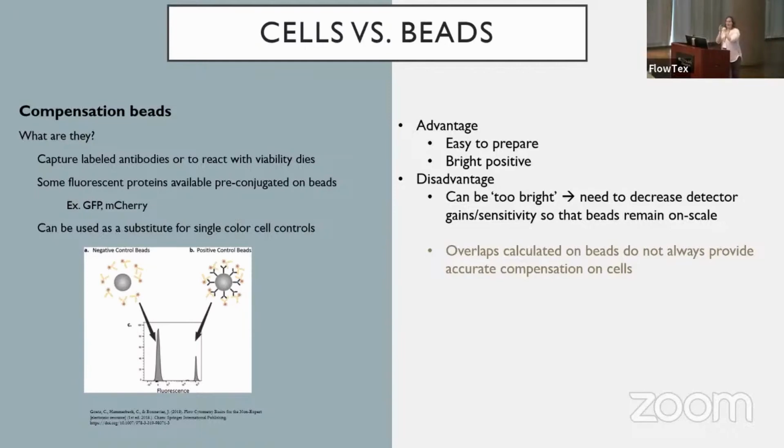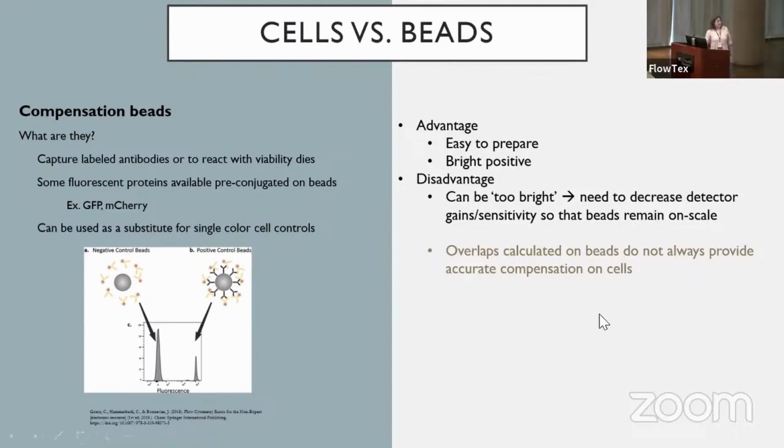Now, with that very sensitive detection, if your beads are sitting way out here, the other assumption that Peter said had to be correct was that you have to be using the linear range of the cytometer. So if your beads are smoking hot and bright, and this one is off scale, you might have to decrease the sensitivity of your cytometer just to get those beads back onto the usable range. Okay? So you can't use something that is in the nonlinear region.